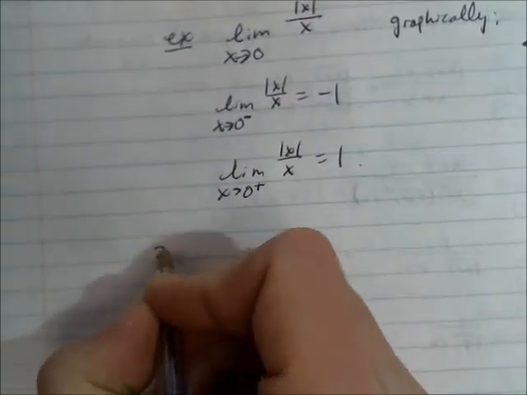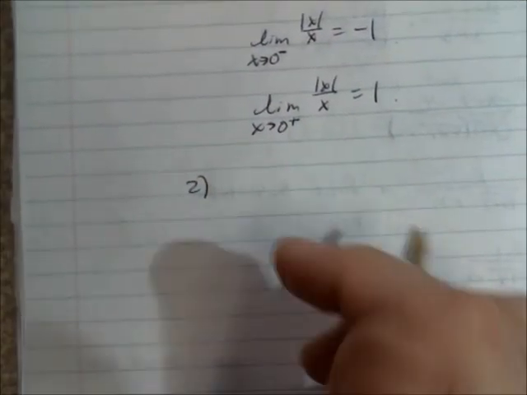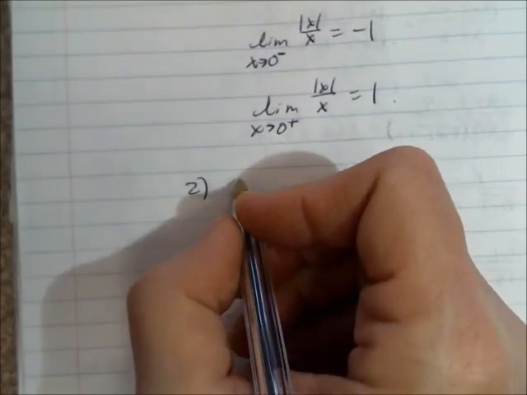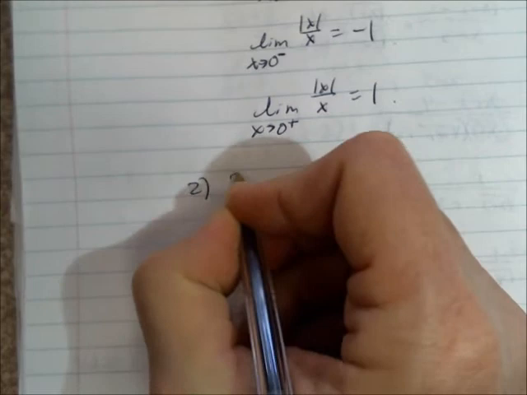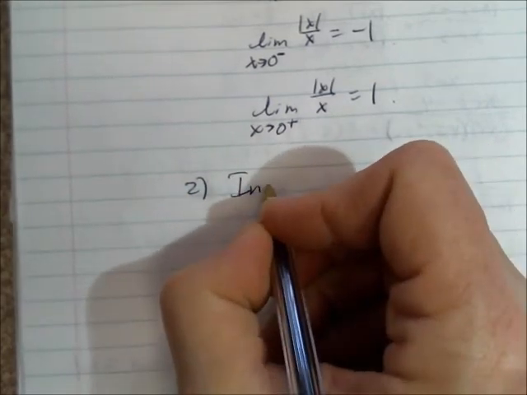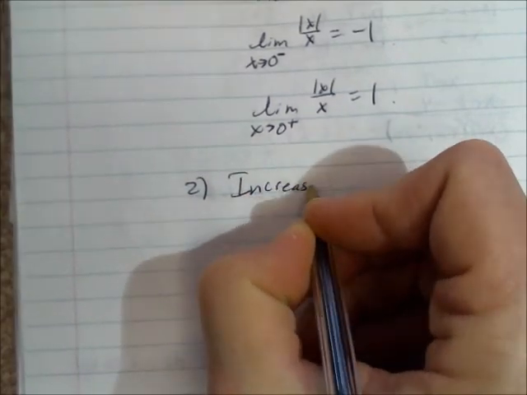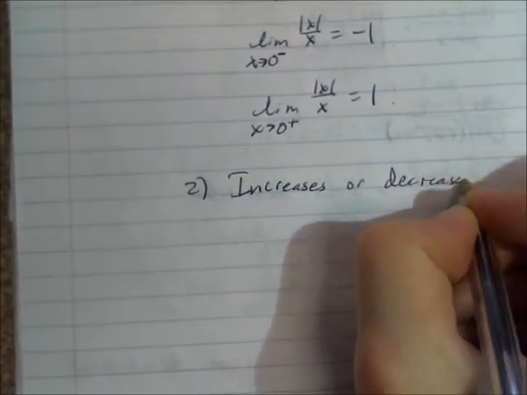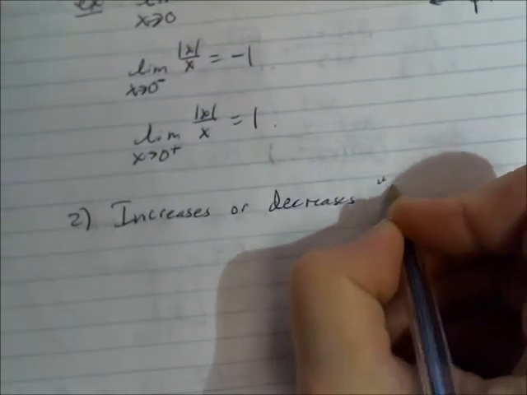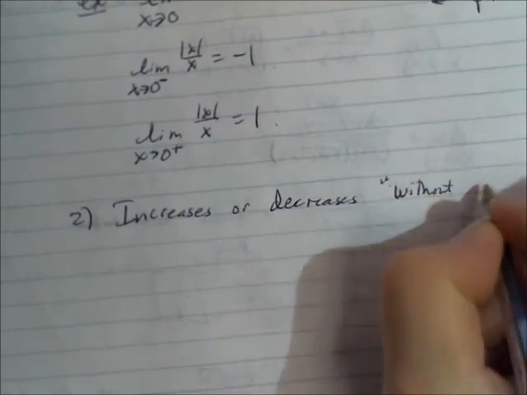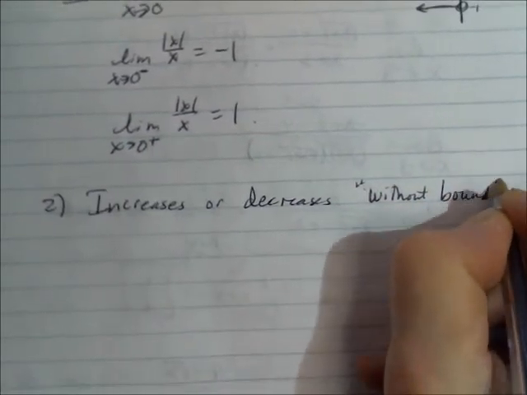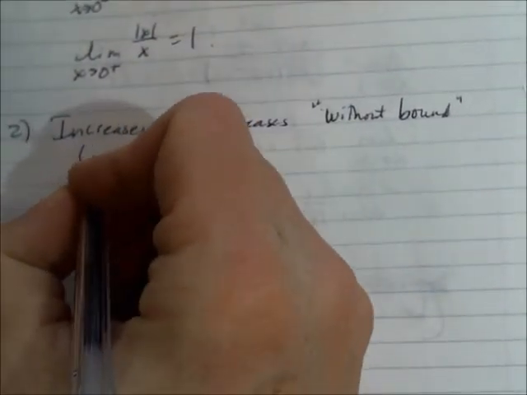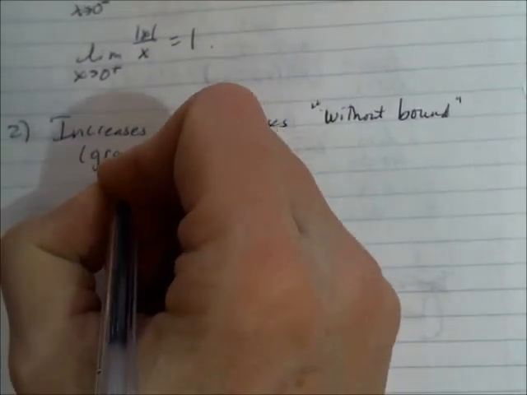The second condition where a limit would fail to exist is the function increases or decreases without bound. It's actually going to infinity. And what that really means is the graph goes to infinity or negative infinity.